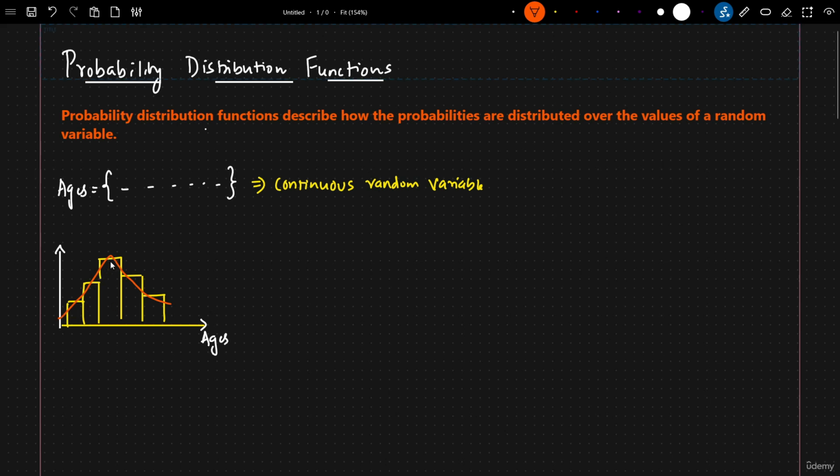And once we smoothen this histogram, the y-axis then becomes something called probability density. We'll discuss more about what exactly probability density is and how these values are actually calculated. So in this probability density, you will have some values like 0.01, 0.02, 0.03, then 0.04, right?